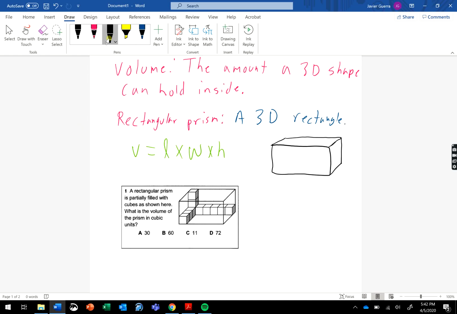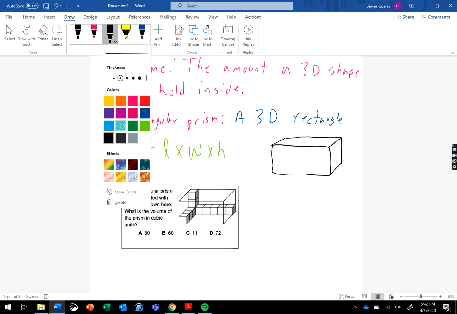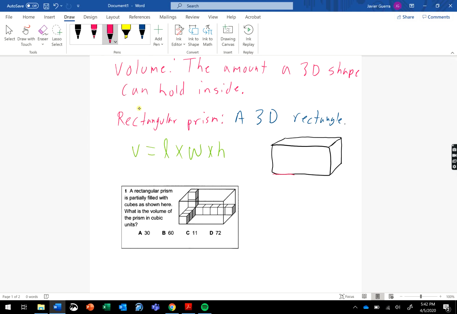Okay. So we have our rectangular prism, and I'm going to label our length, our width, and our height. So this side right here, we're going to call this our length. Sorry, I spelled it wrong. On this side, we have our width, right?